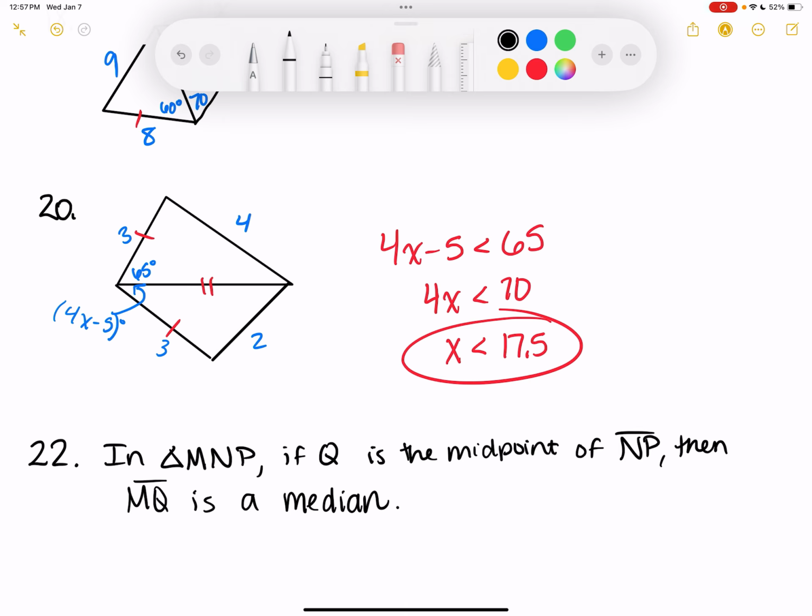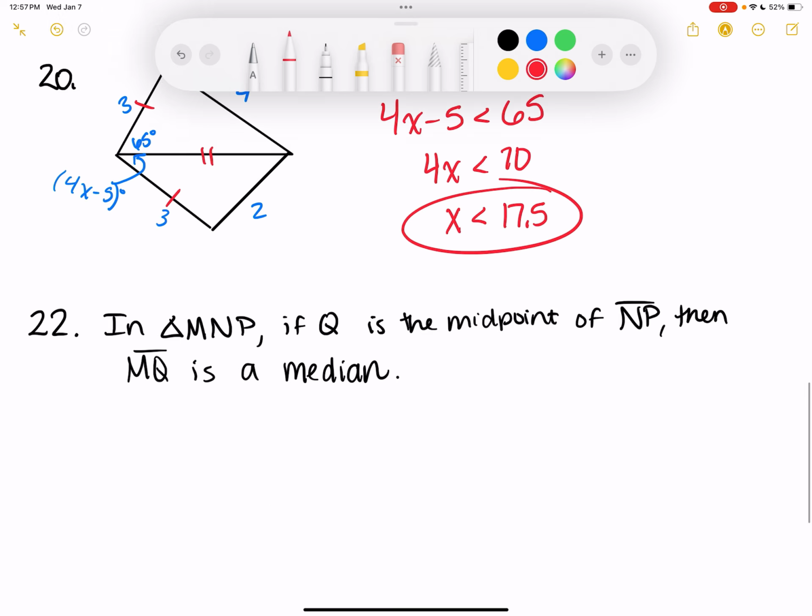So essentially when we're writing that first statement, instead of saying in triangle MNP, we're going to say given triangle MNP, where Q is the midpoint, so not if, we're taking that out. So where Q is the midpoint of NP, and then the second part, the then part, that's the part that we're going to state the opposite of pretty much every time.